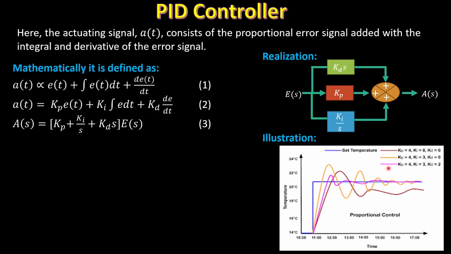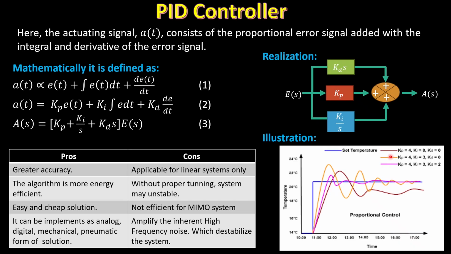Similarly, the last one, the pink one, is the PID controller output, which gives me an almost perfect output. That means the very high overshoot is reduced, and the error is also almost negligible. So this is the power of this PID controller. Let me start the pros and cons of this PID controller.